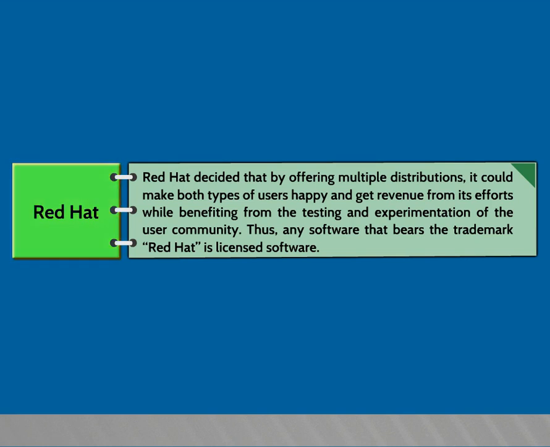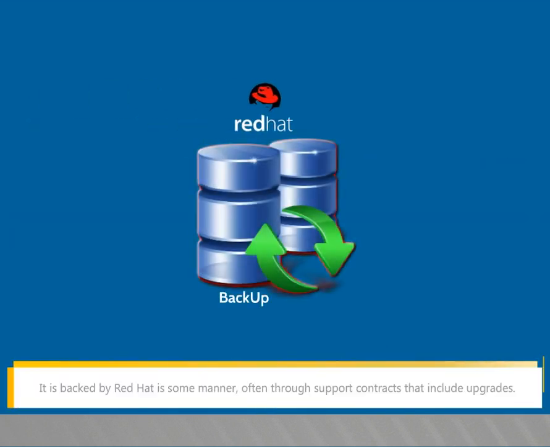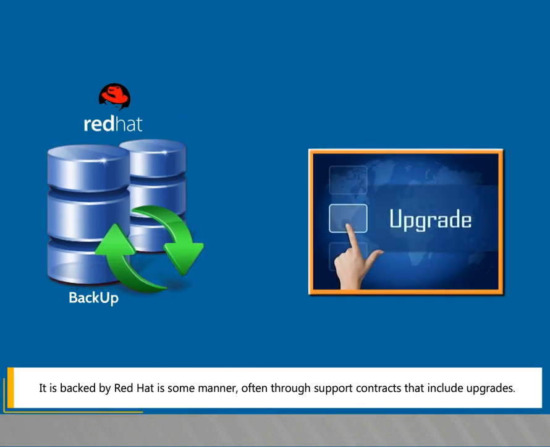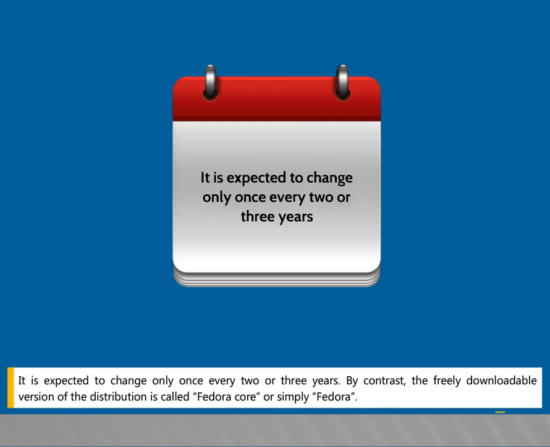Thus, any software that bears the trademark Red Hat is licensed software. It is backed by Red Hat in some manner, often through support contracts that include upgrades. It is expected to change only once every 2 or 3 years.